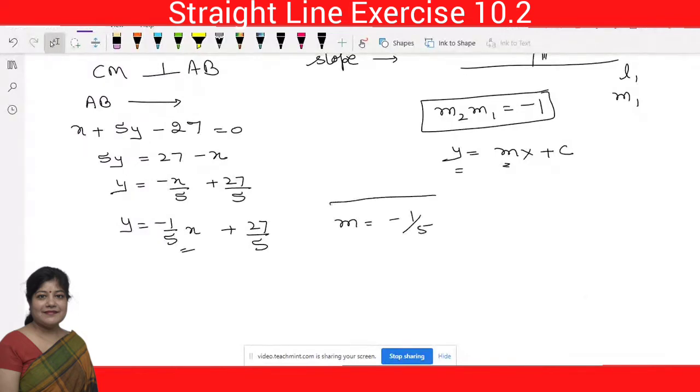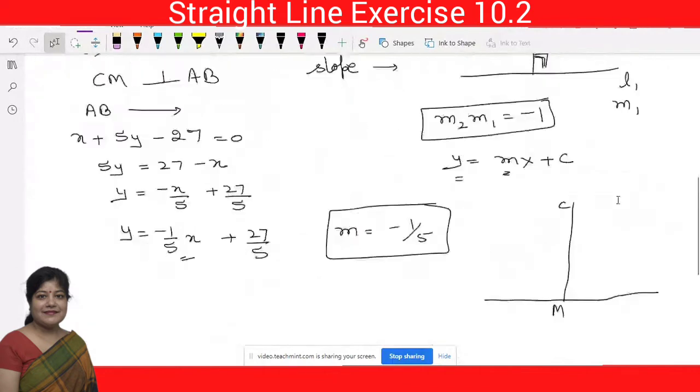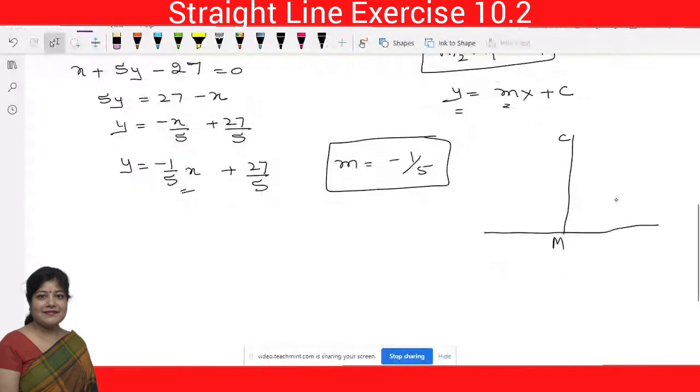Now we have to find the equation of the line CM. The coordinates of C are minus 3 comma 5, and its slope we have to find. Let it be m dash. So slopes m dash and m must multiply to minus 1.